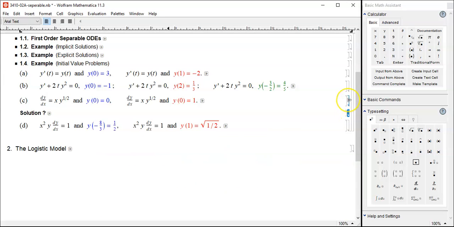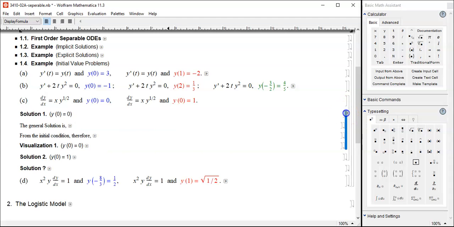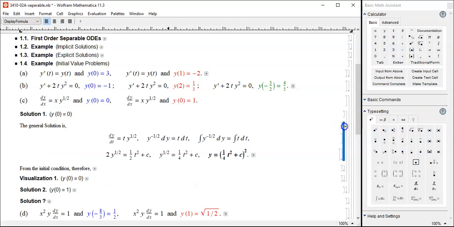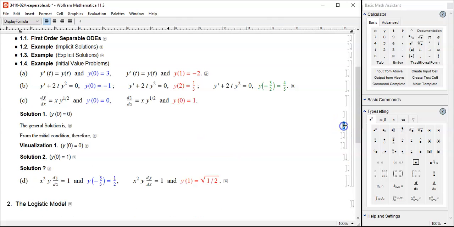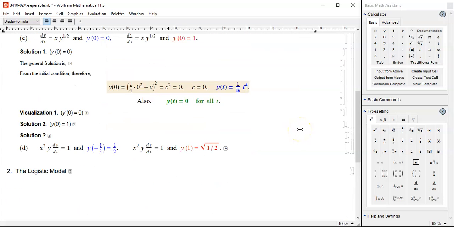All right, let's go back to this notebook and let's see if we have a surprise. The general solution, okay, all right, same thing. I'm using t here, no problem there. The initial conditions, we got that. Wait a minute. The same thing we got before, yeah. But wait a minute, I'm claiming there's another solution.